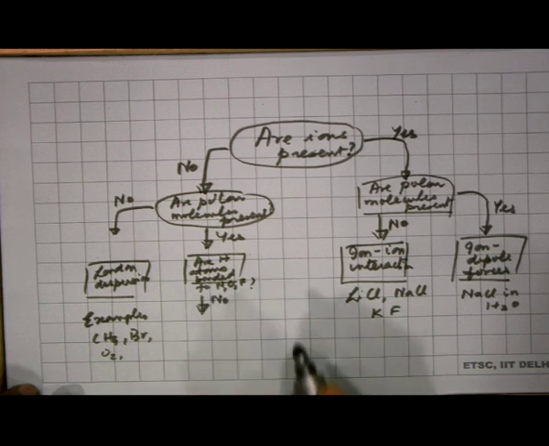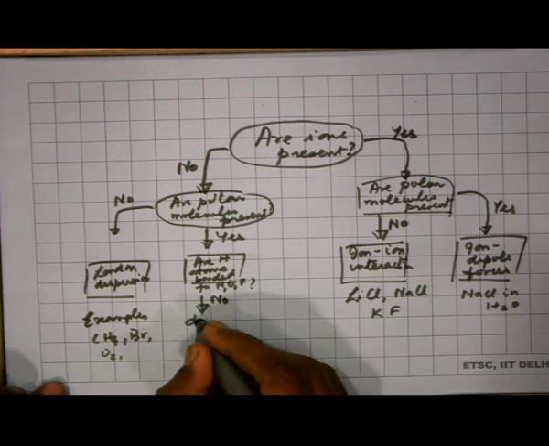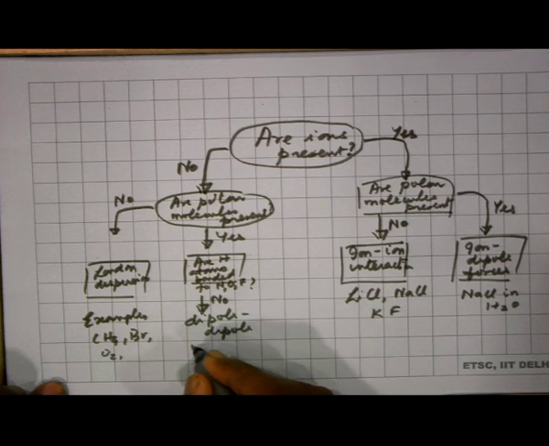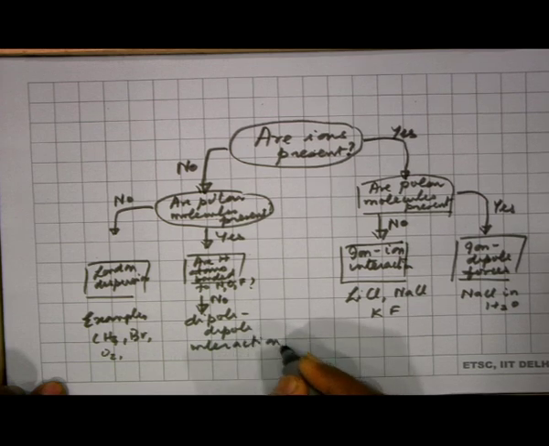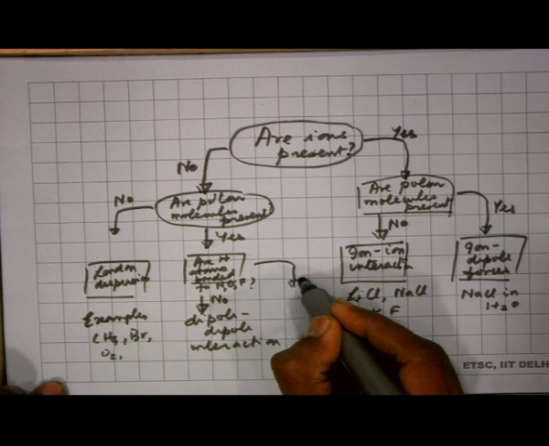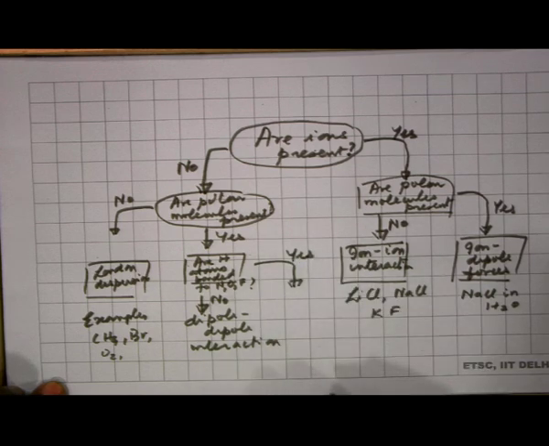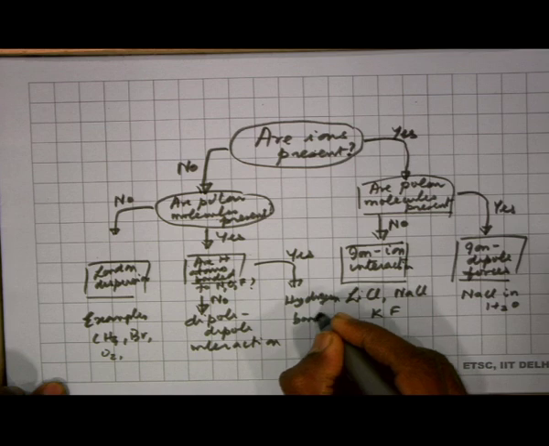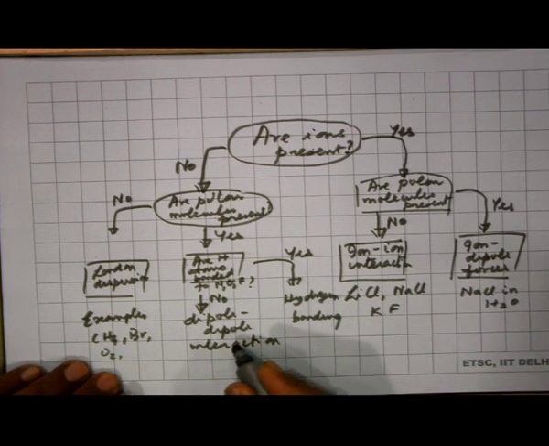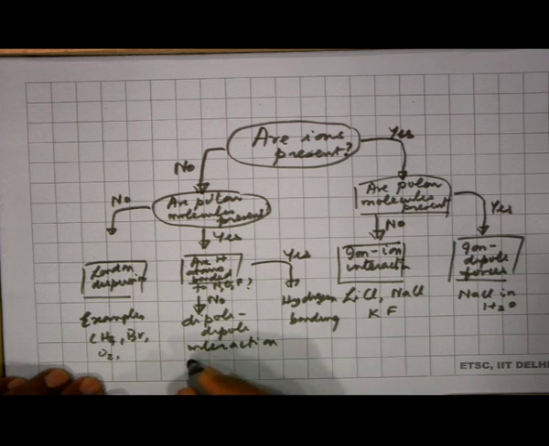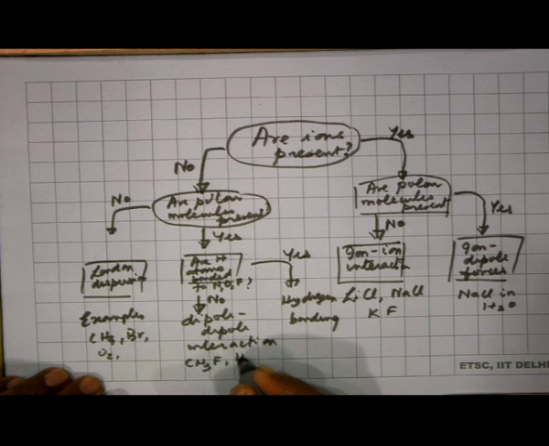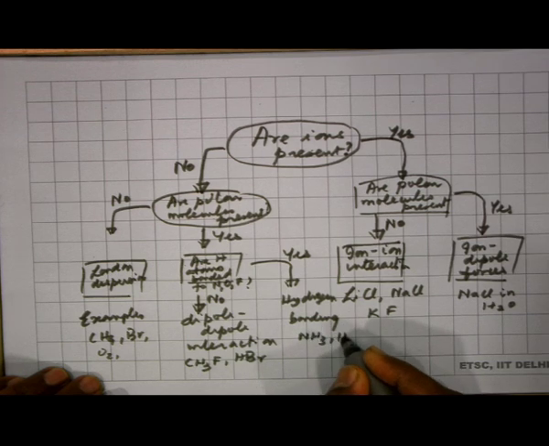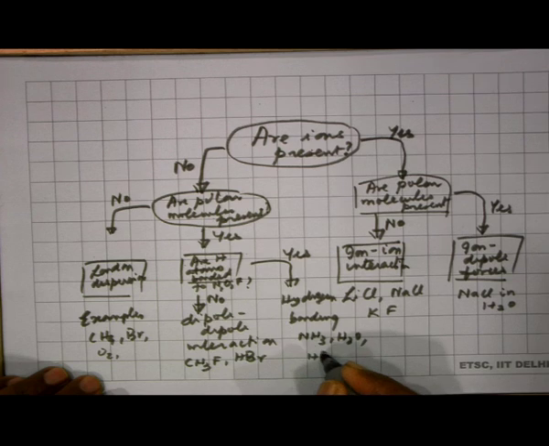If the answer to this question is no, then you have dipole-dipole interaction. And if the answer is yes, then you have hydrogen bonding. So, here for dipole-dipole interactions, you could have CH3F, HBr, etc. And here you could have NH3, H2O, HF, and so on.